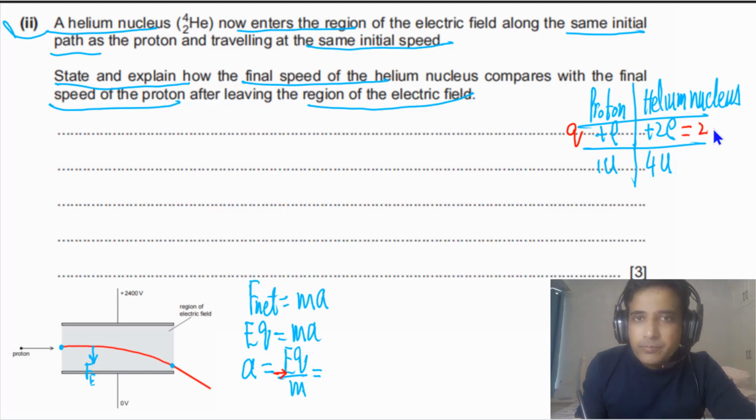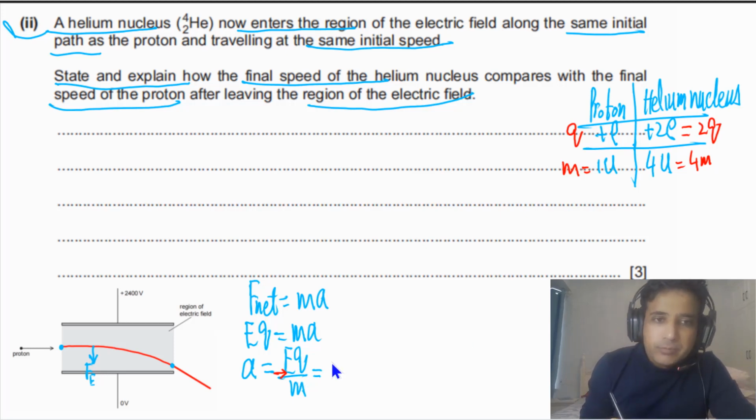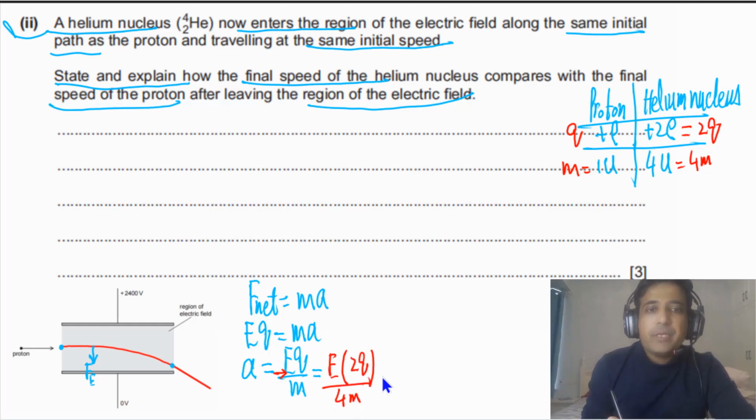If we say the mass of the proton is m, the mass of the helium nucleus will be equal to 4m. So in this case, this is E. For the helium nucleus the charge will be 2q and the mass of the helium nucleus is 4m. So we can find from here that this will be equal to Eq divided by 2m.